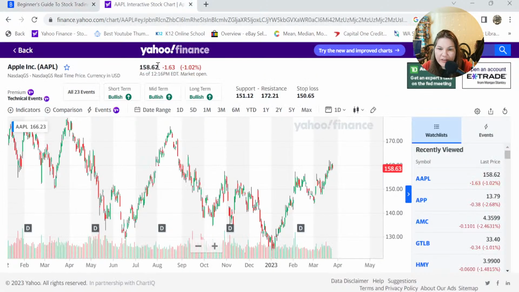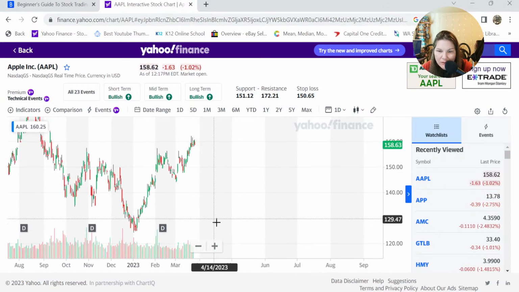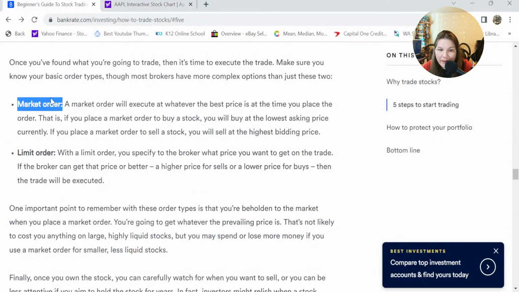The stock said like 158, but I bought the stock for 160. So I paid $2 more for the stock. So when the stock dropped, I lost more money than I even put in. So you have to be really careful about the type of order you use.